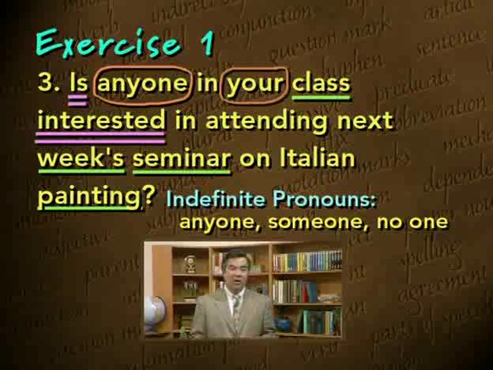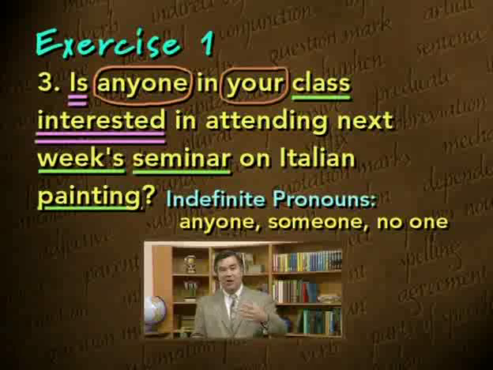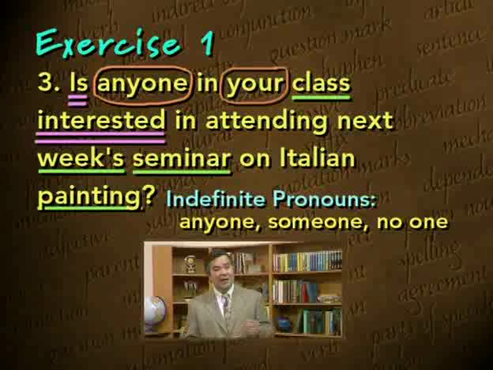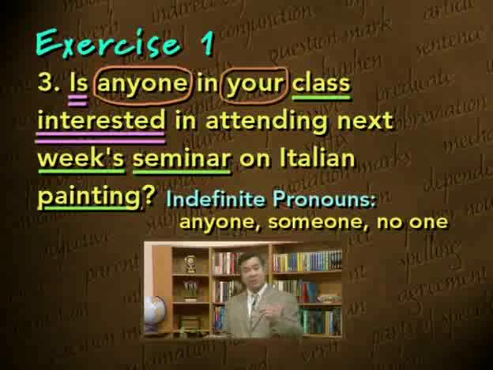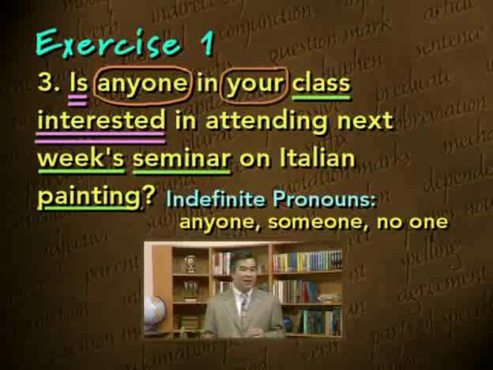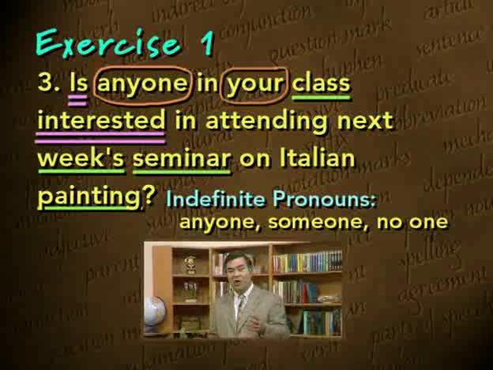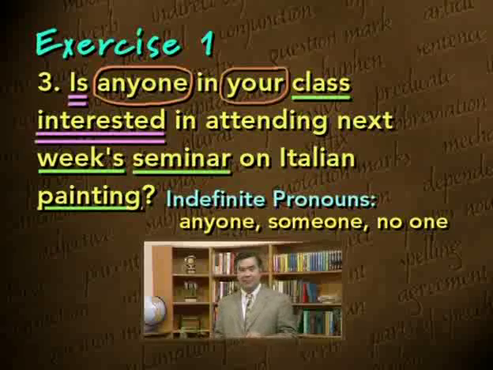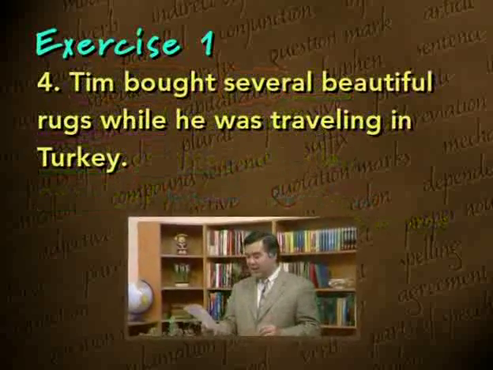When you or your are used as pronouns in sentences, the person who is being referred to is you, the listener, the person who is hearing the sentence, or the person to whom the sentence is addressed. So here we have a couple of pronouns being used in slightly unusual ways. We have the indefinite pronoun anyone and the pronoun your being used to refer to you, the person hearing the sentence. Let's look at our fourth example.